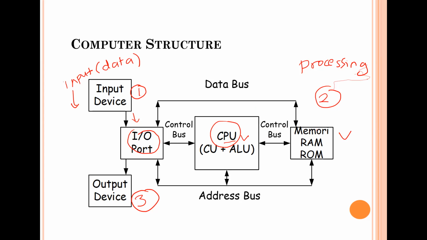And then after the required process is done, we've got the result through the output, in the form of information that can be seen or produced through the output device.